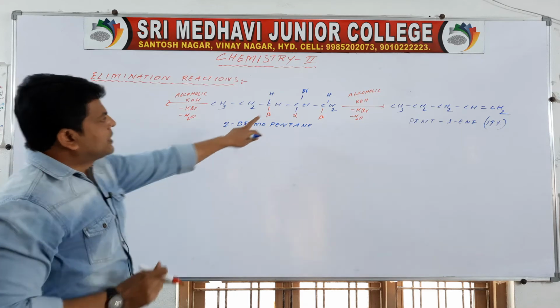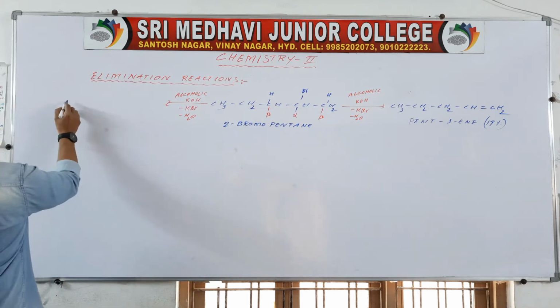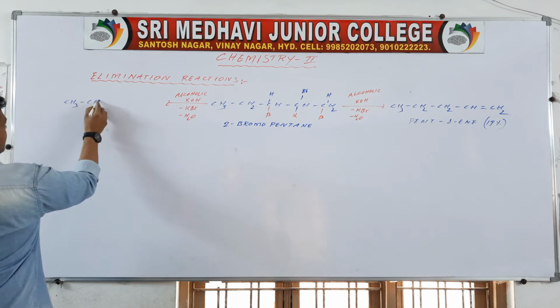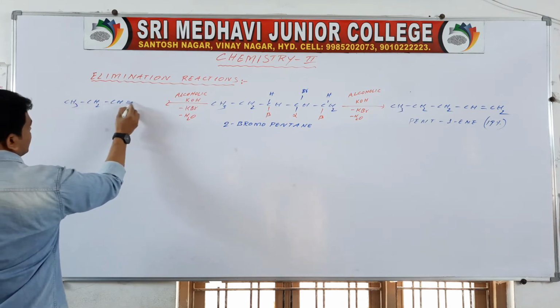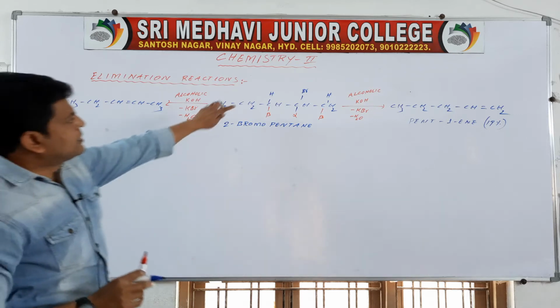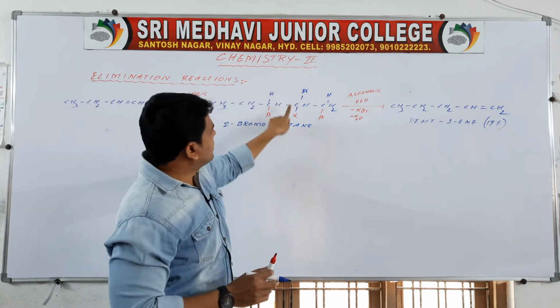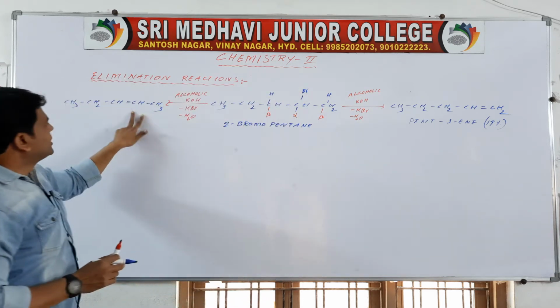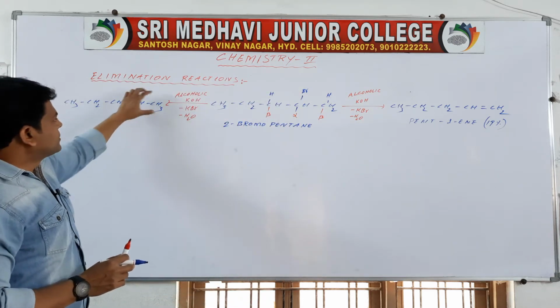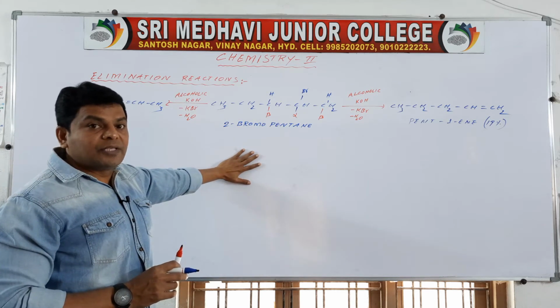Then a double bond is formed between these two carbons: CH3, CH2, CH=CH and CH3. Here H is out and Br is out, and between these two carbons one double bond is formed. So two types of elimination have a chance to take place.